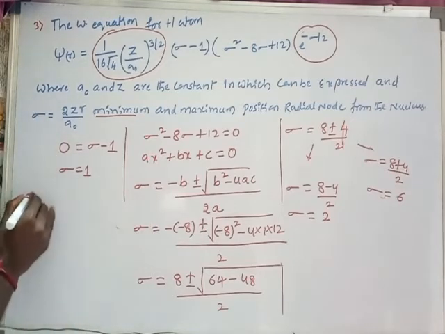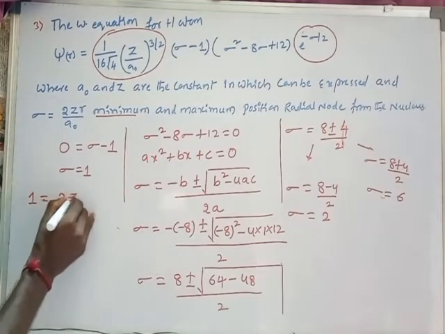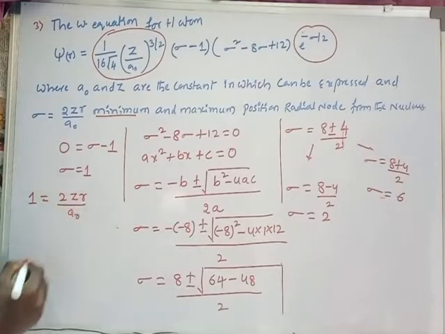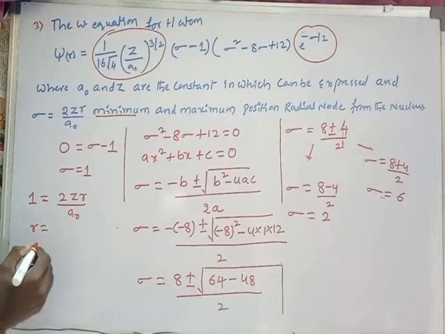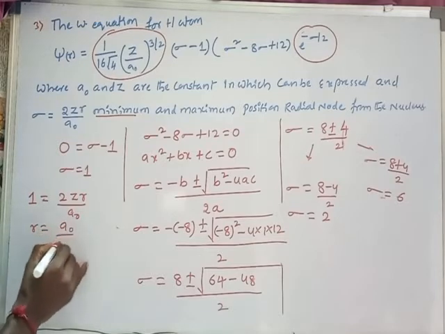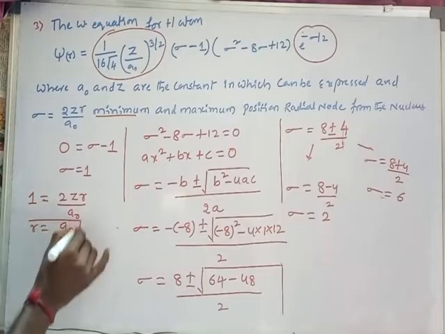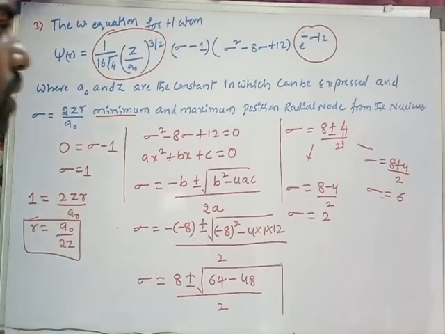Then sigma equals 1 equals 2Zr by a0. So from that r equals a0 by 2Z. So here this is the minimum position of radial node.